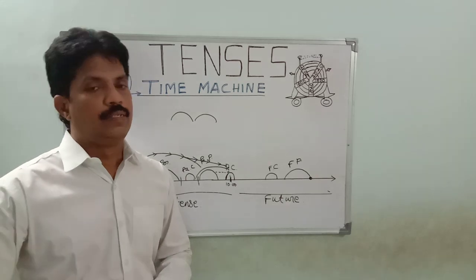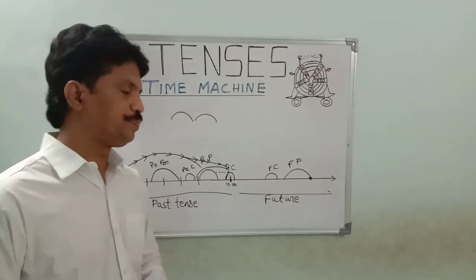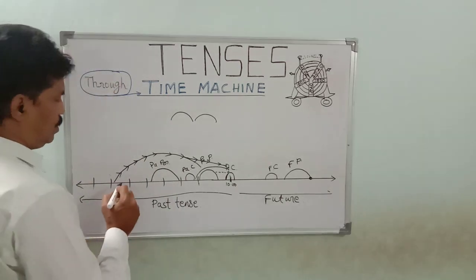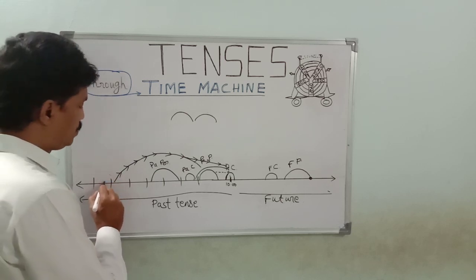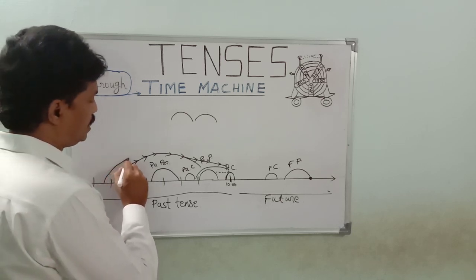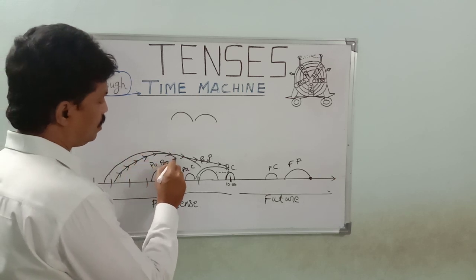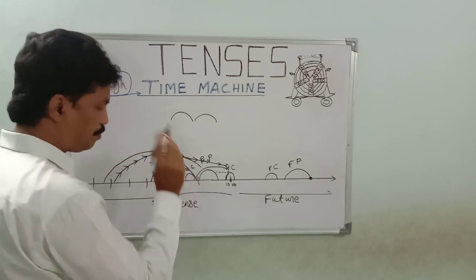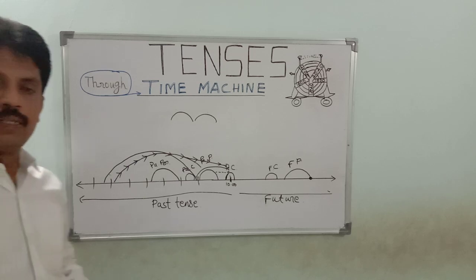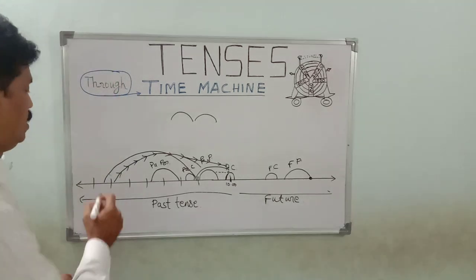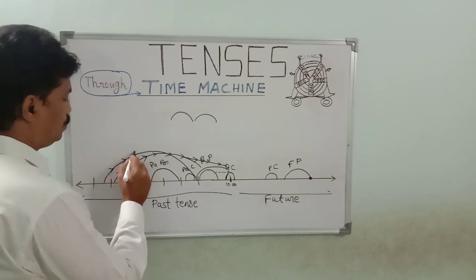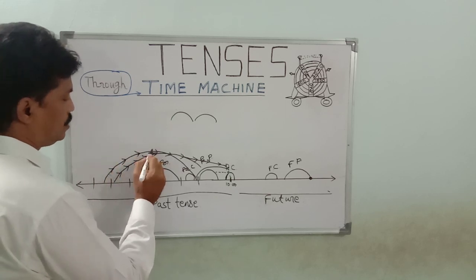Past perfect continuous. An action which started somewhere in the past and was going on for a period of time, going on and on, and it ended in the past itself. The work was over, and we use past perfect continuous tense.